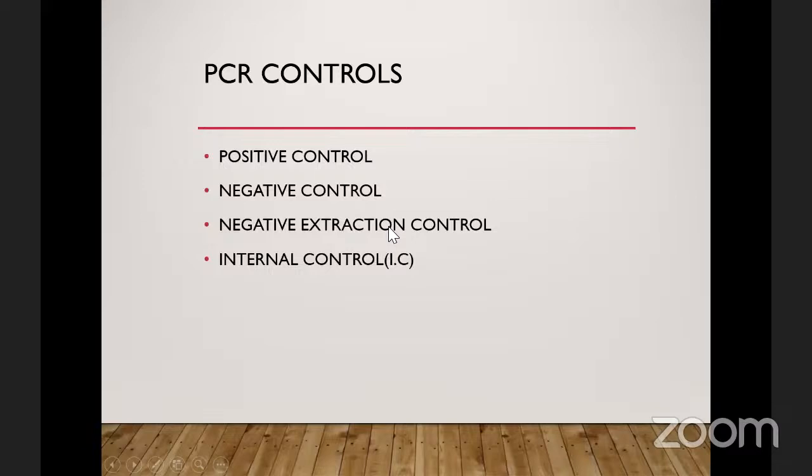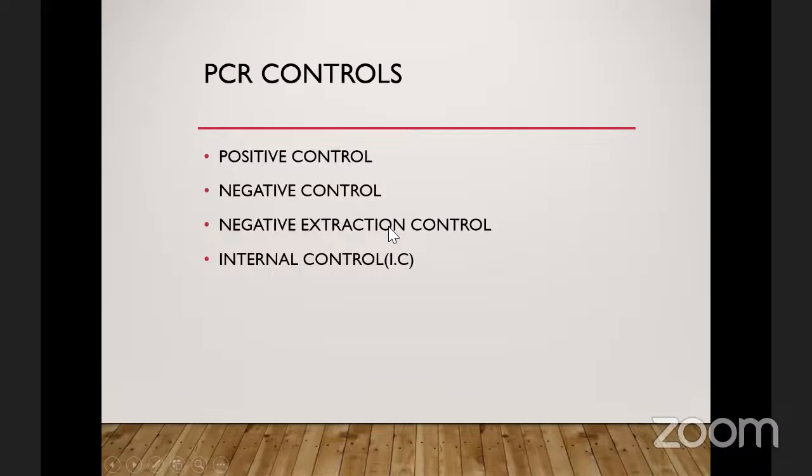So positive controls are actually templates from the exact organism that you are targeting. So if your positive control is set up in a PCR and it refuses to amplify, then you cannot say any negative sample in that run is negative. You won't have the confidence to give it out as negative.